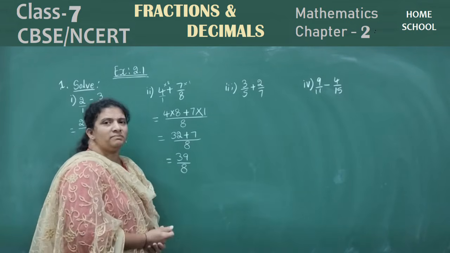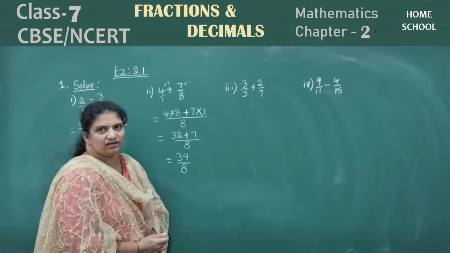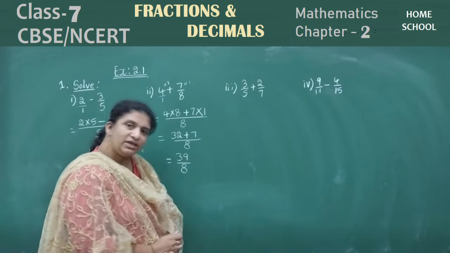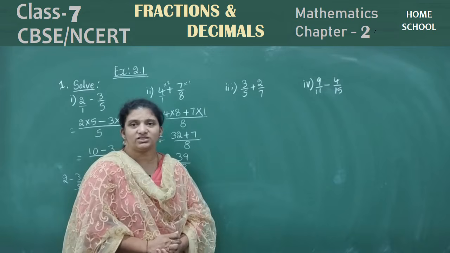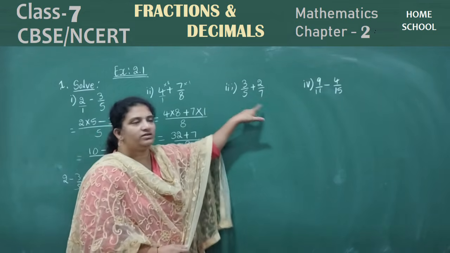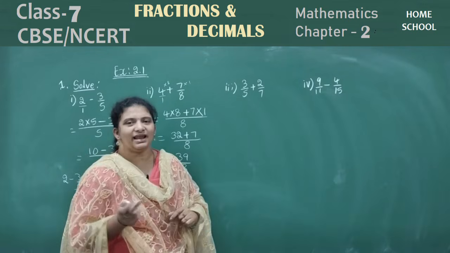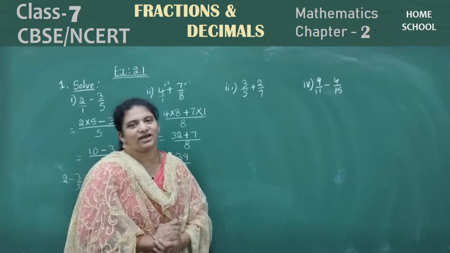What's your third problem? 3 by 5 plus 2 by 7. So, one thing you remember, children, like fraction, unlike fraction, equivalent fractions also I have discussed there. So, observe these two. These two fractions, are they like or unlike? They are unlike fractions.